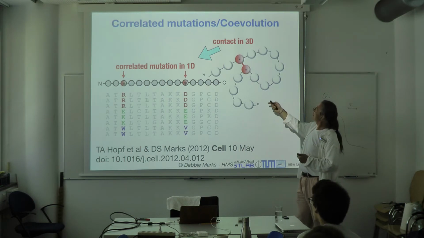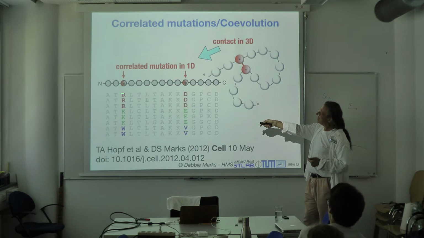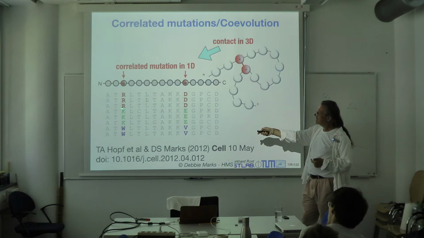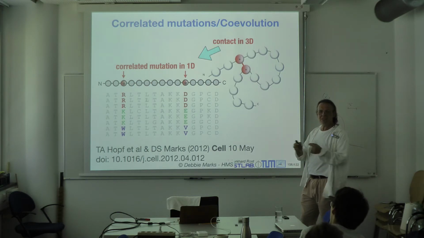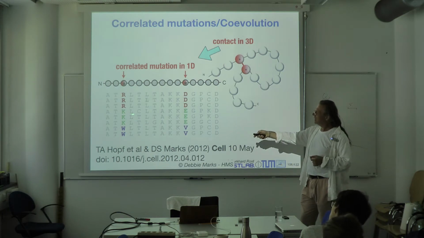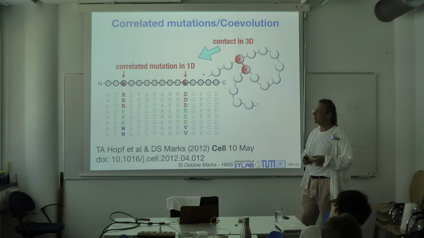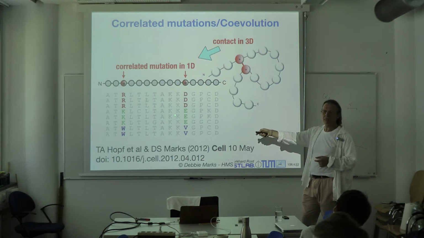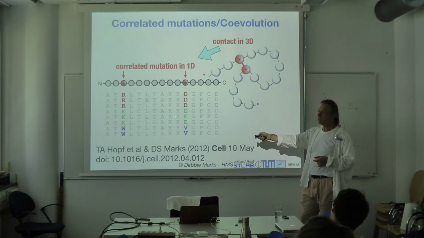Meaning that, in this particular case, we have R and D, a salt bridge. You don't break the salt bridge, but you change the distance between the residues. The K has a much longer side chain than the R, and you compensate for that by putting something shorter in here. So you still maintain the charge.